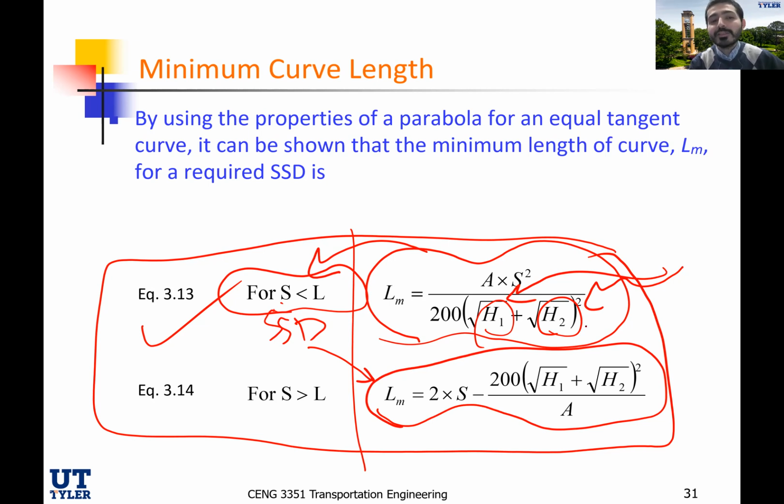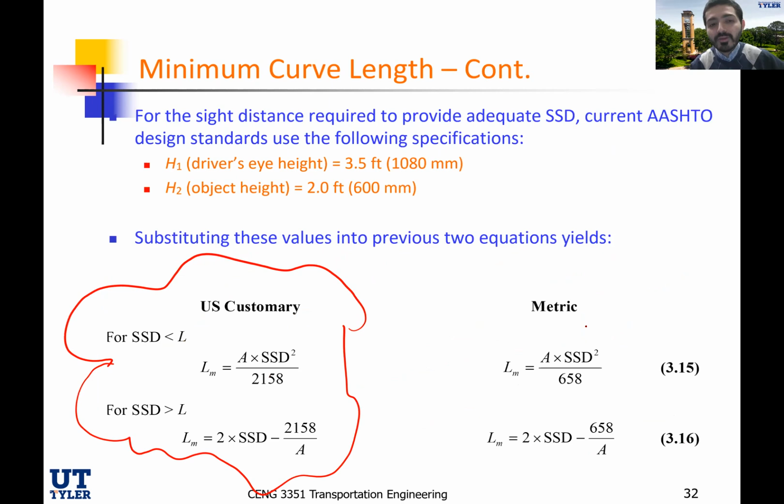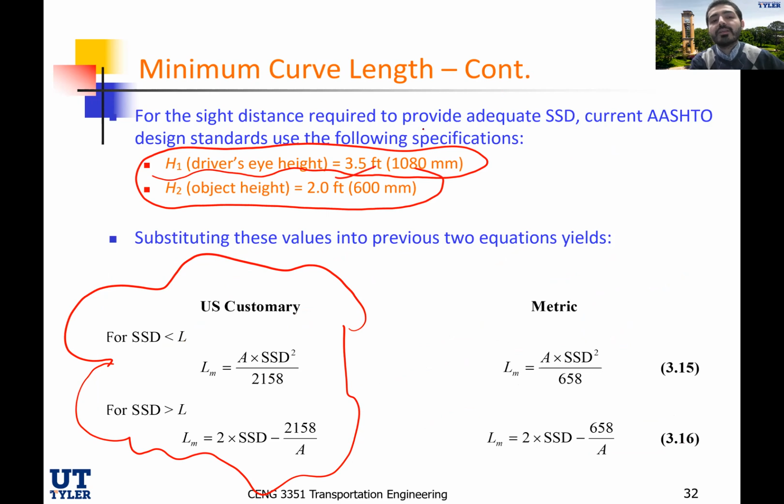If I did not provide you what's H1 and H2, then you would know by default that now we're using the default values from the AASHTO. H1 is that much, H2 is that much. I'm not expecting you to know them, but basically I'm saying if the H1 and H2 are not provided, then by default you're going to use these equations: A times SSD squared over 2150, or the other equation if the SSD is higher than the L.